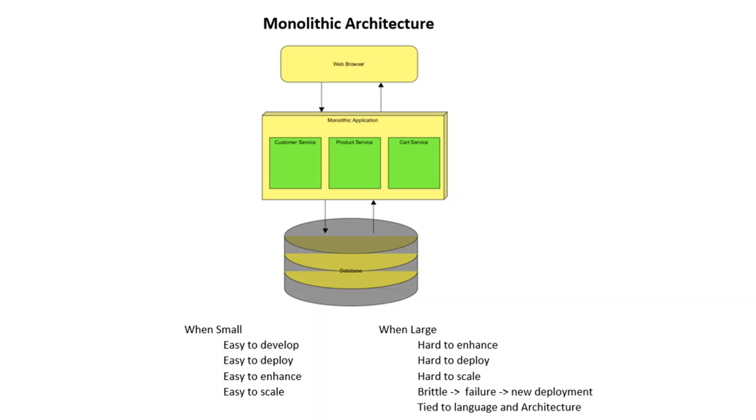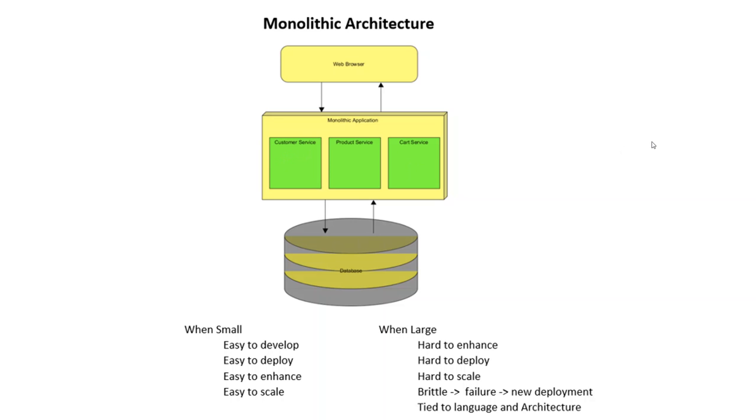For instance, if you make changes in your customer service component, it can affect over here, and it can affect over here. You can have side effects from the changes in the customer service module over in your product service and the cart service.